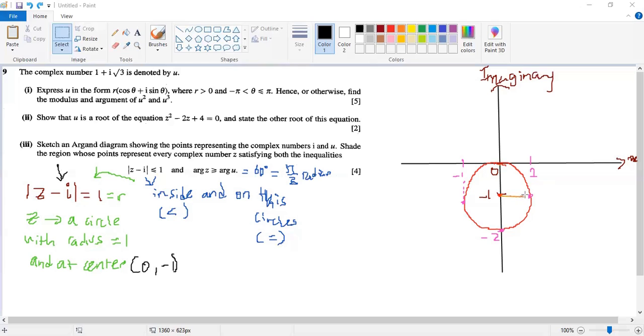I'm trying to think, sorry. 60 degrees is from here like that, and bigger than or equal to that, so something up to this part. If I'm correct, the region should be just this one, because this is the 60 degrees, or pi over 3 radians, from the horizontal. That part I will sketch.